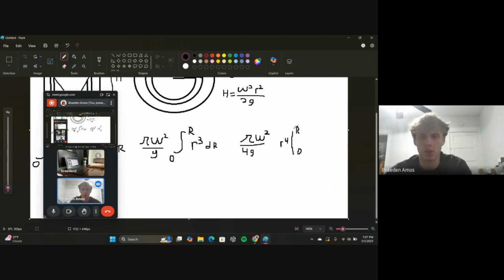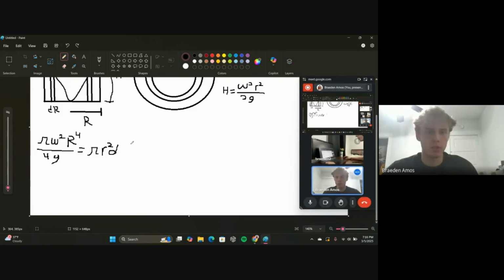You just plug in big R, and it'll be big R to the fourth, and 0. So this is going to equal pi omega squared times big R to the fourth all over 4g. And we know that is equal to pi r squared d.